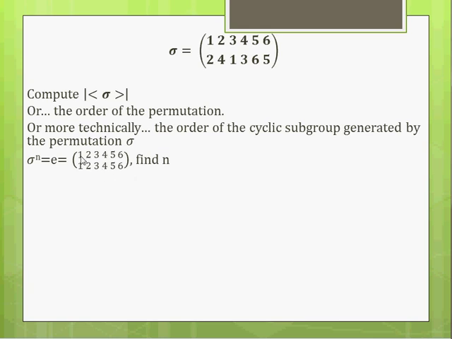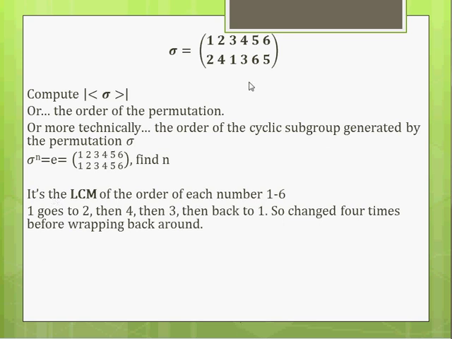How about that? 1 goes to 1, 2 goes to 2, and so forth. So we need to find how many times we need to multiply by itself to get the identity.